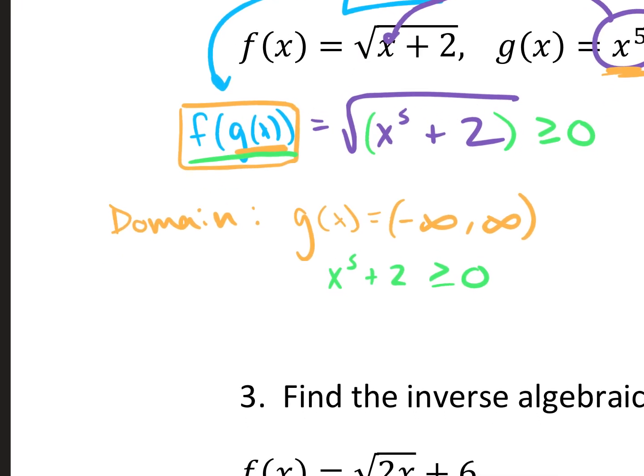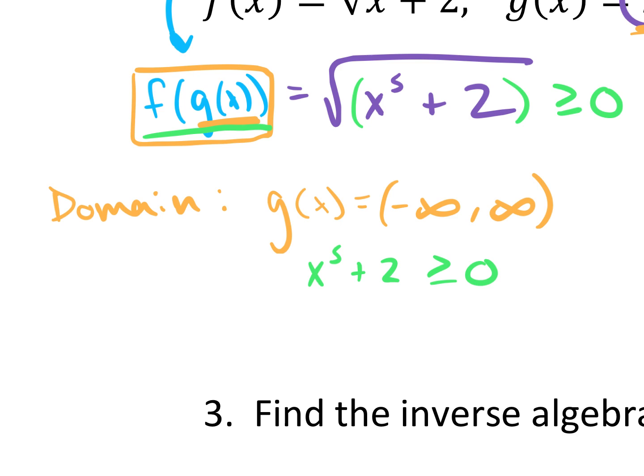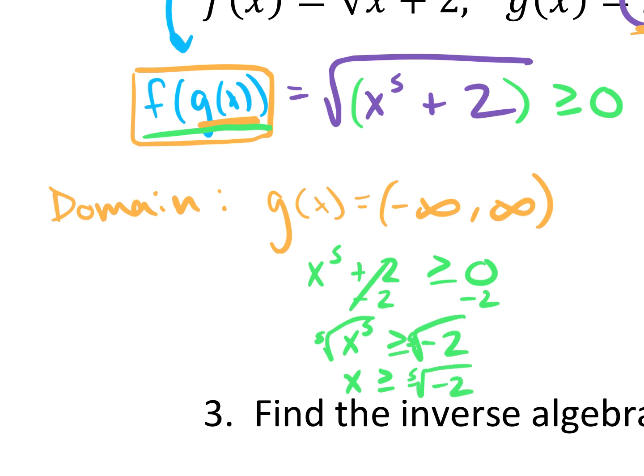So how would I solve for x here? Move the 2, so subtract 2. x to the 5th power is greater than or equal to negative 2. And then to get rid of that 5th power, I would take the 5th root of both sides. So x is greater than or equal to the 5th root of negative 2.